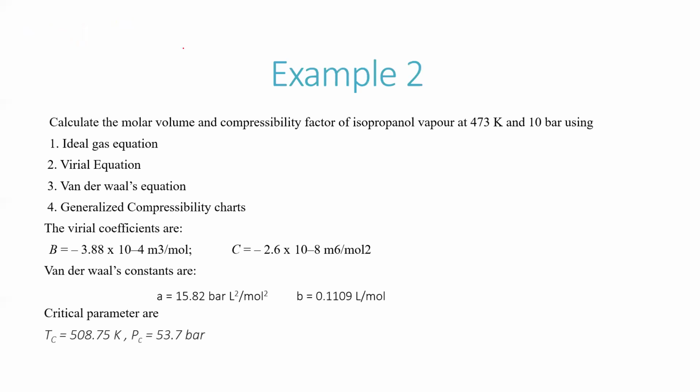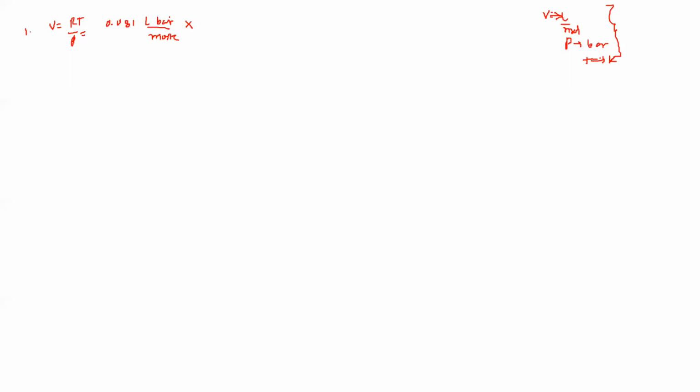Keep this in mind: we are taking volume in liter per mole, pressure in bar and temperature in Kelvin, so for all the other unit conversions we are going to use this. Temperature we are taking as 473 Kelvin, and pressure as 10 bar.